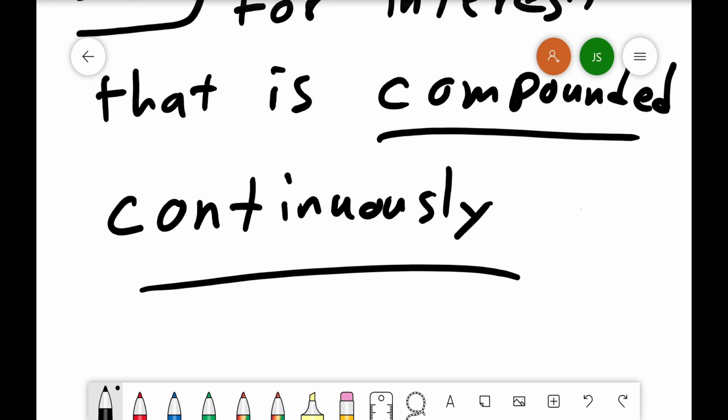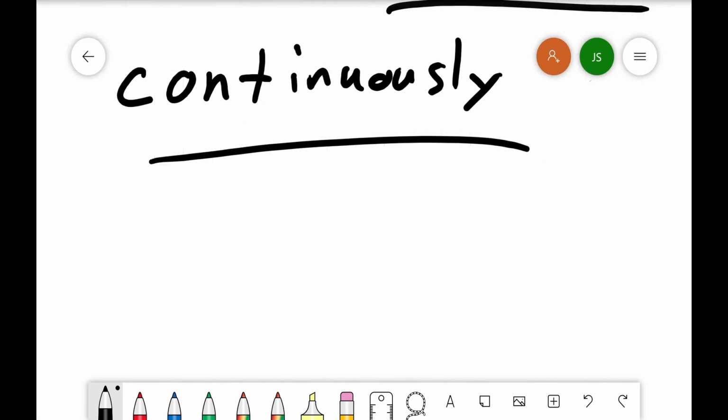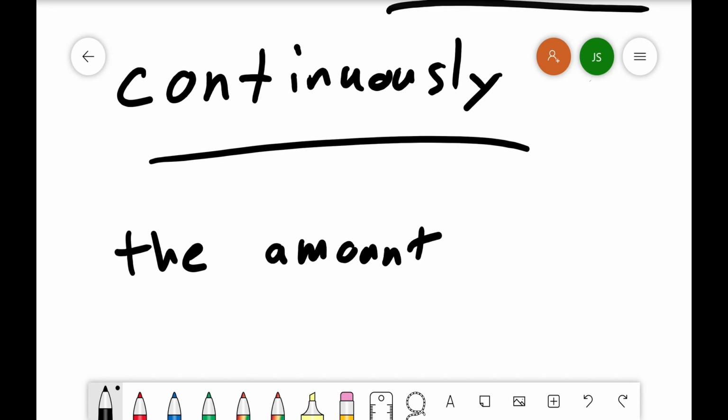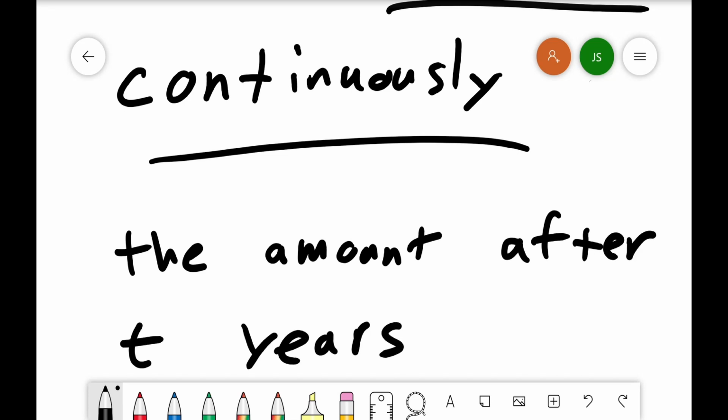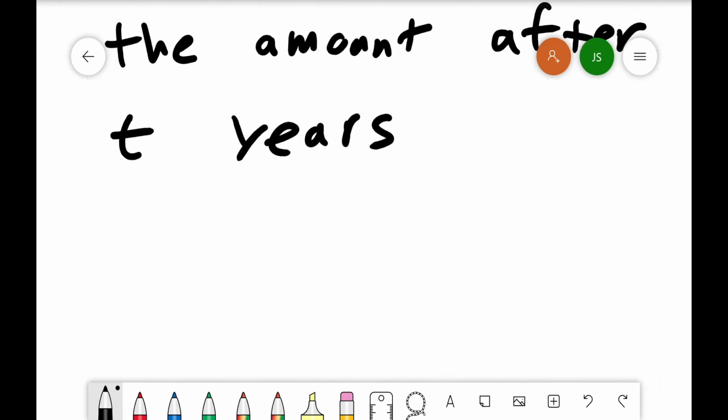So for interest that's compounded continuously, the amount after t years. So this is the amount, just like the other compoundedness. It's the amount you have after you add on the interest after 2 years.